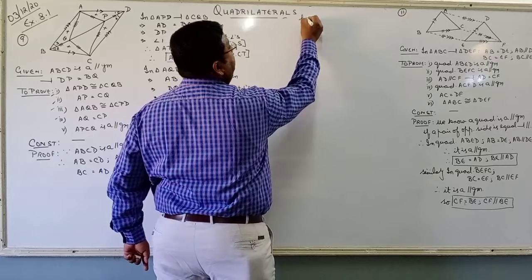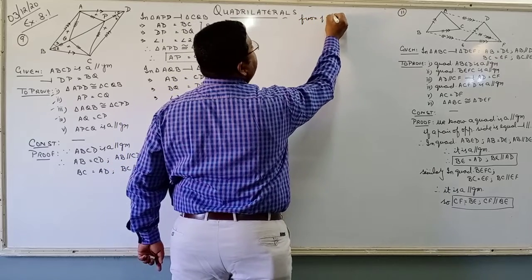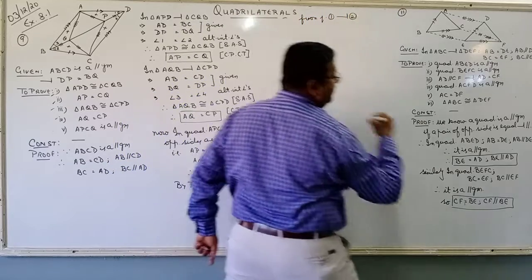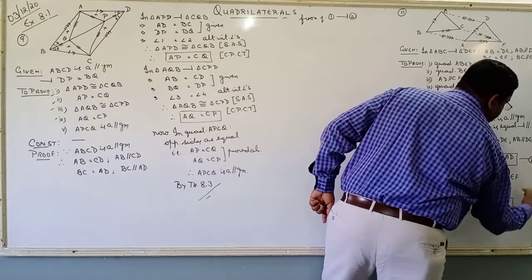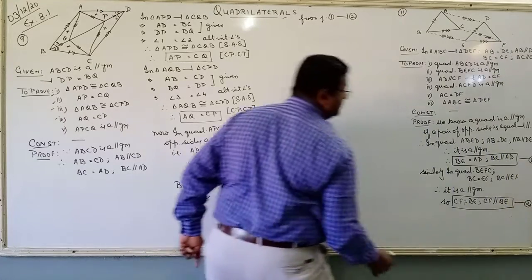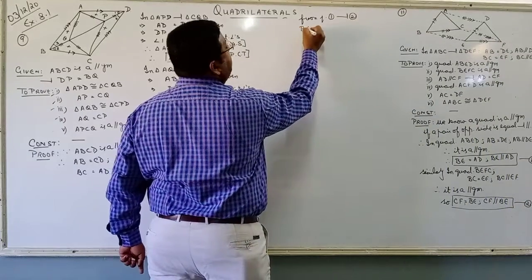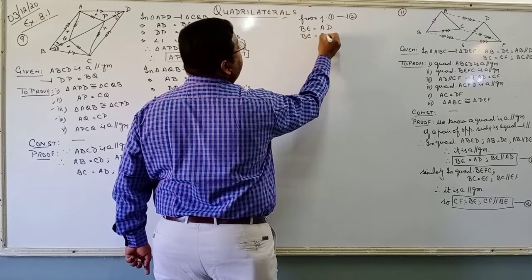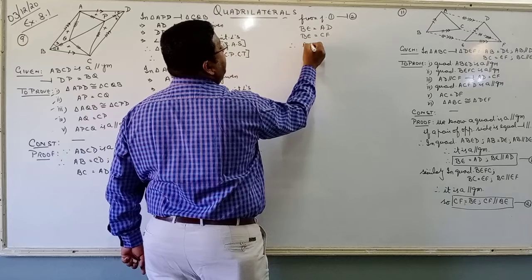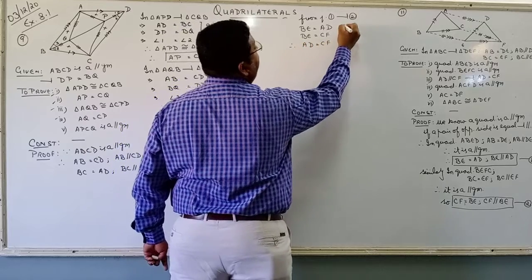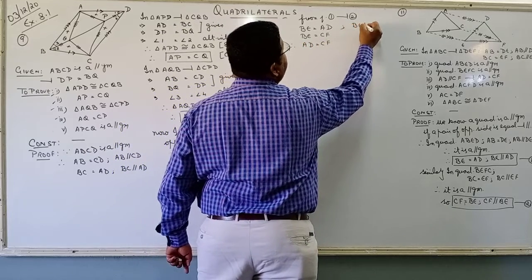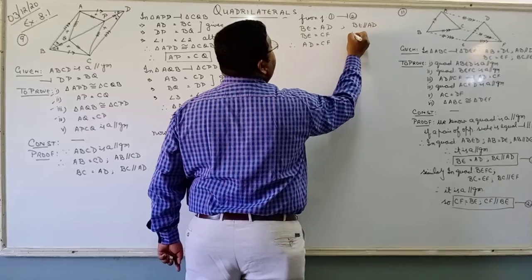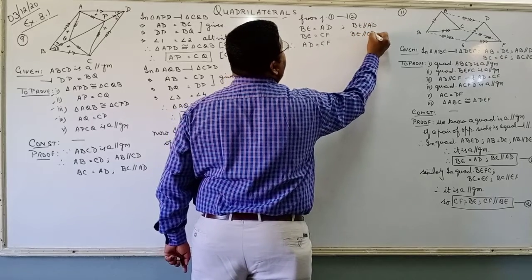So I name it equation number first and equation number second. From equations first and second, BE is equal to AD and BE is equal to CF. So therefore, AD is equal to CF. Similarly, BE is parallel to AD, BE is parallel to CF.